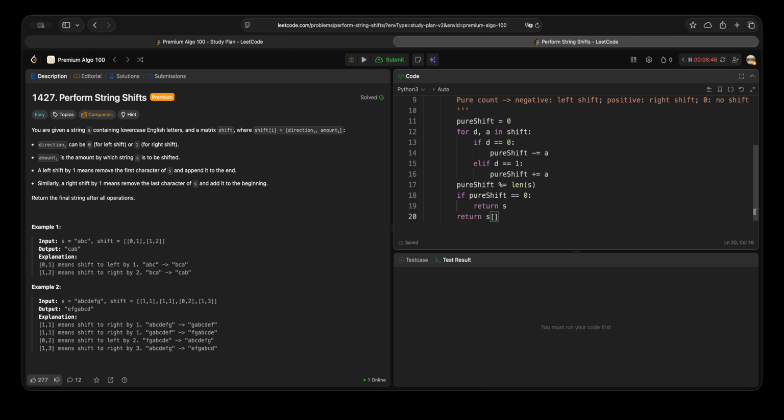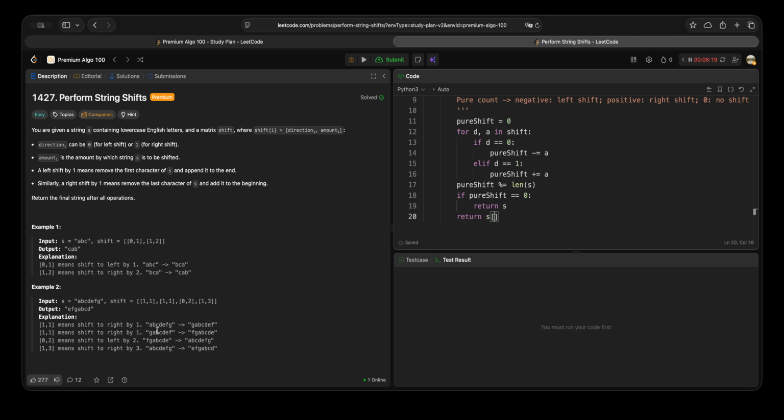Let's think about it. Either a left shift or a right shift. In the left shift condition, the left part of the string is removed and becomes the right part, and also the value of pure shift is negative.